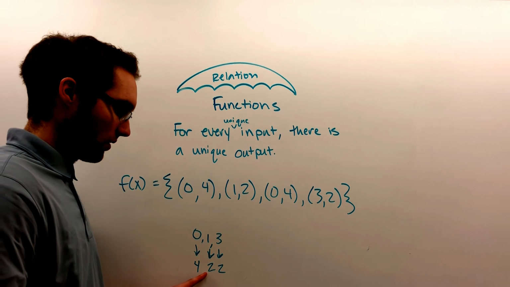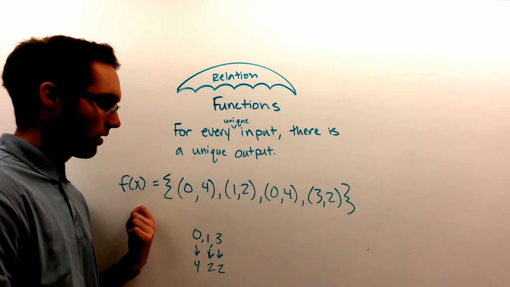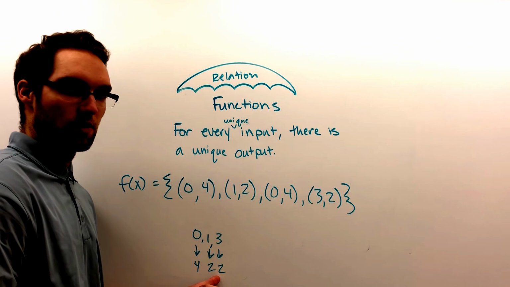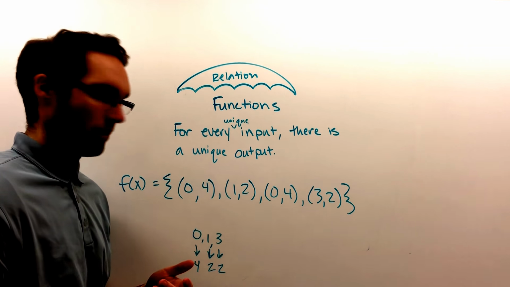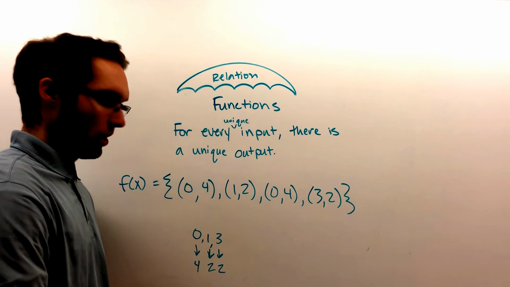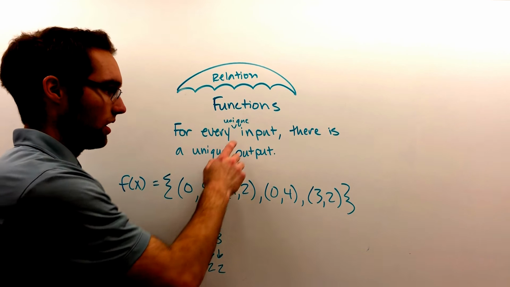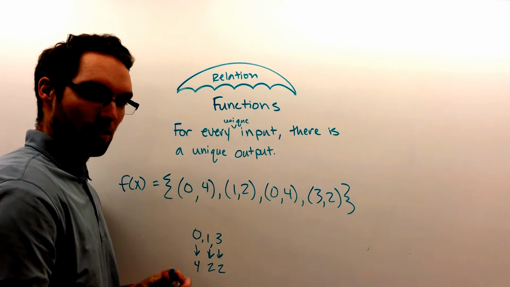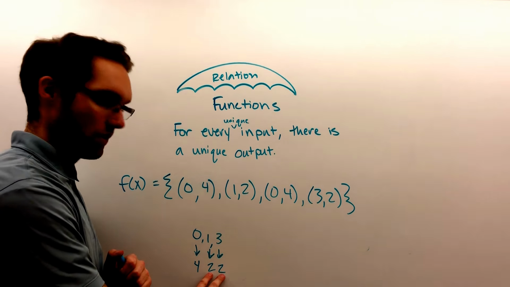Same with the number 3. Anytime we put the number 3 into our function f of x here, we will get a 2 out, always. This is just the function that I've made up in my head. This is how it works. But I wanted to give this example so that you guys can see that unique input and unique output does not mean unique output in the sense that we can't have the same number twice.